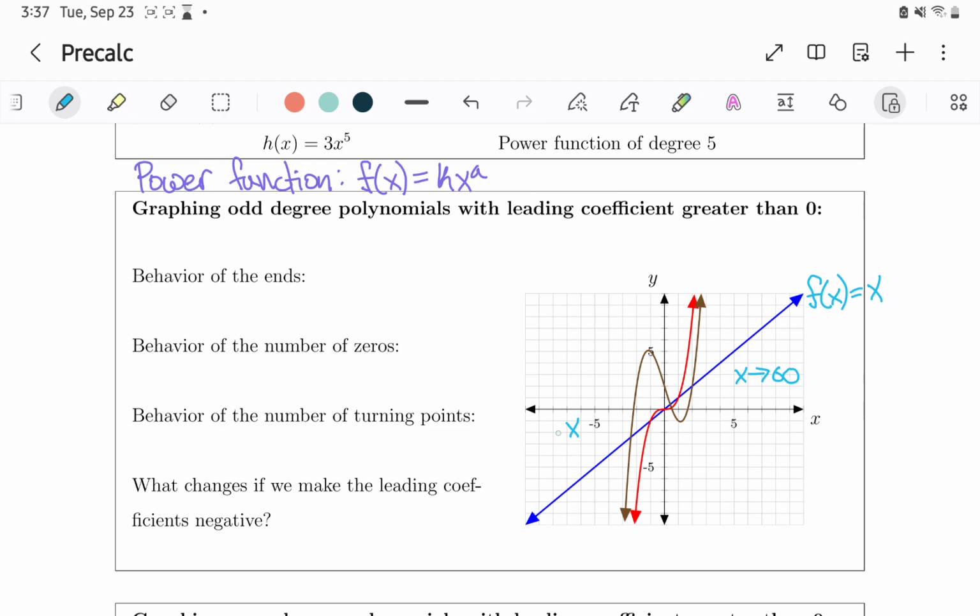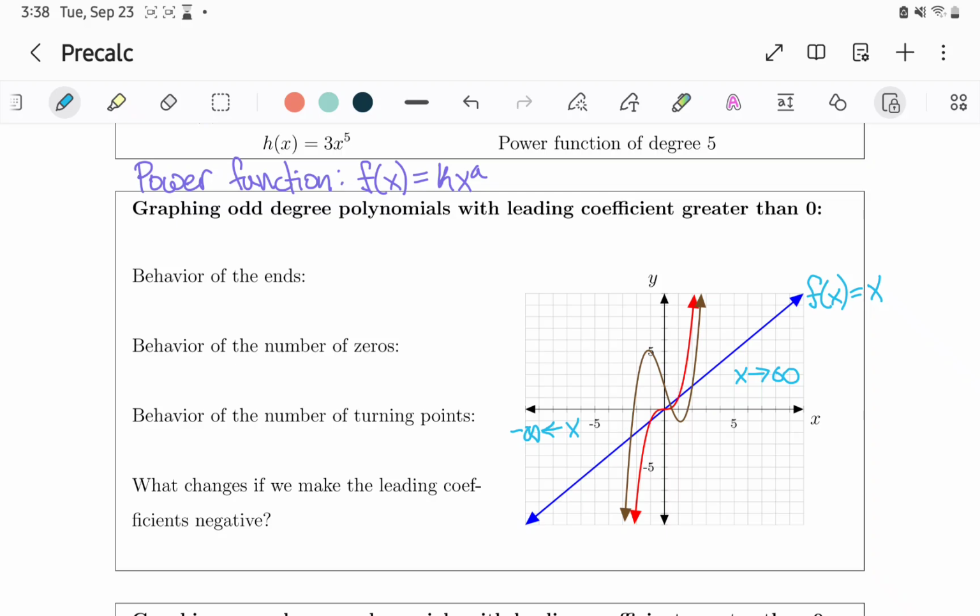Then we're also interested in what happens as x goes to minus infinity. And as we can see from all three of the graphs here, as we let x tend to minus infinity, the values of our odd degree polynomial functions with positive leading coefficients, their values f of x tend to minus infinity as well.